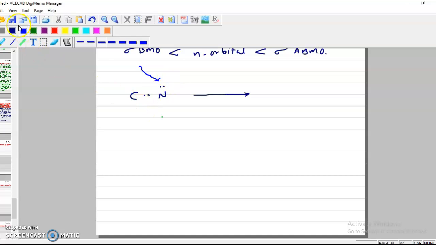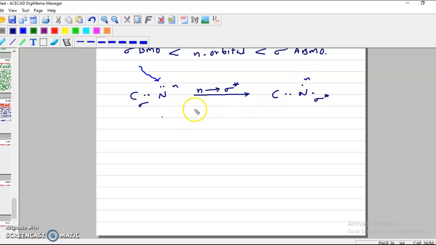This is sigma and this is n orbital, lone pair of electron. These electron absorb energy and from n orbital transfer to sigma star orbital. So it is called n to sigma star transition.